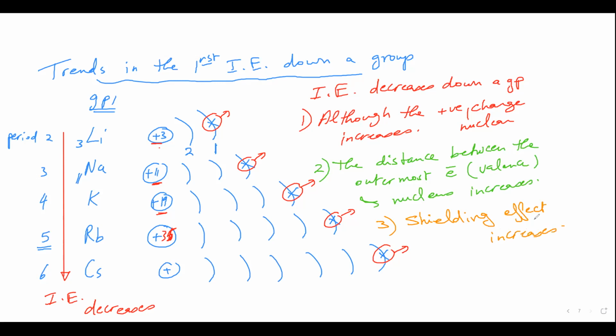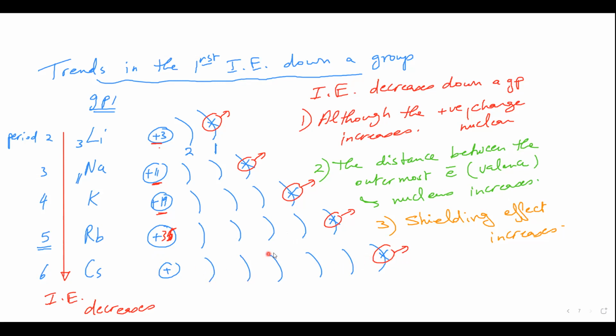What is the shielding effect? Shielding means that something shields the effect of one thing from the other. Shields means in Arabic حاجز. There is something in between the positive nucleus and the electrons. What is this something?